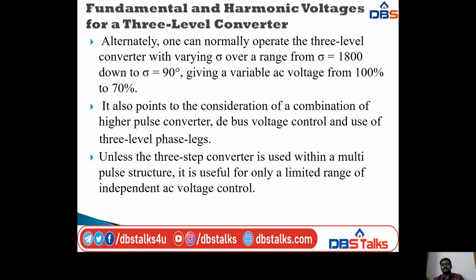It also points to the consideration of a combination of higher pulse converter, DC bus voltage control, and use of 3-level phase legs, that is minus Vd by 2, 0 and plus Vd by 2. Unless the 3-level converter is used within a multi-pulse structure, it is useful for only a limited range of independent AC voltage control.